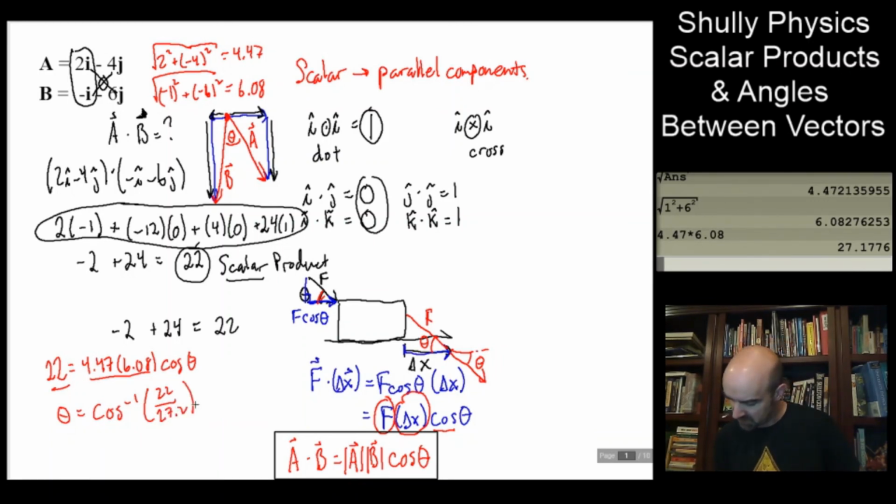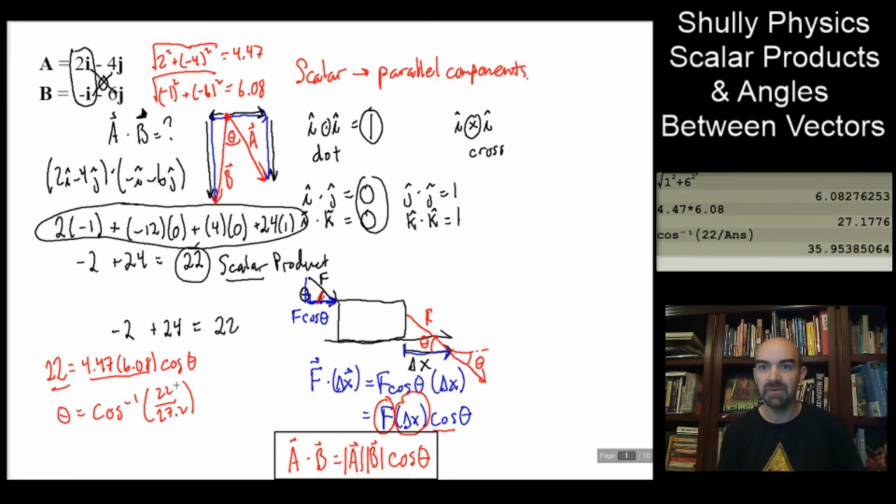And I'm going to go ahead and take that inverse cosine. 22 divided by my answer there. 35.95, I'll call it a clean 36 degrees. There it is. Find the area between any two vectors. Did I say area? Find the angle between any two vectors.